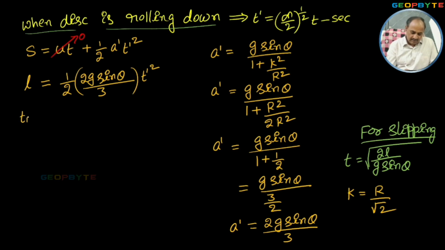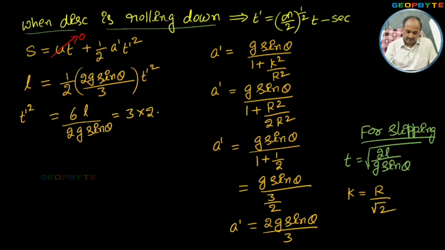From this I can write that t dash square equal to 6l by 2g sin theta. It can also be written as 3 into 2l by 2g sin theta.